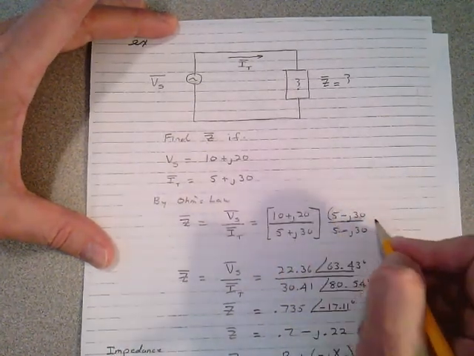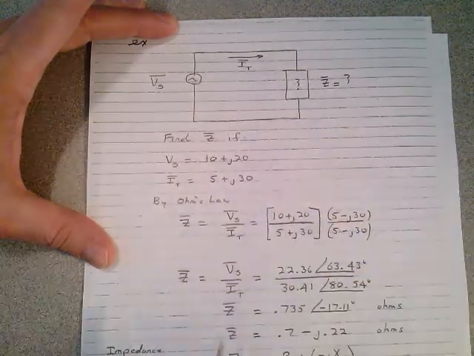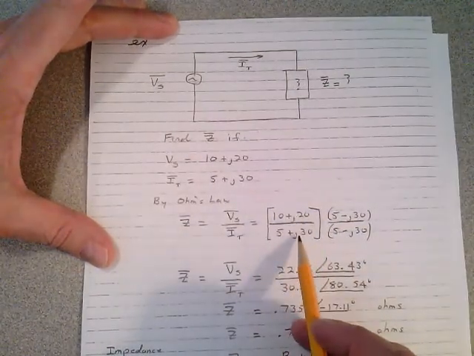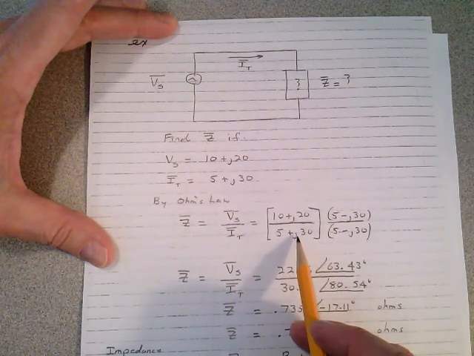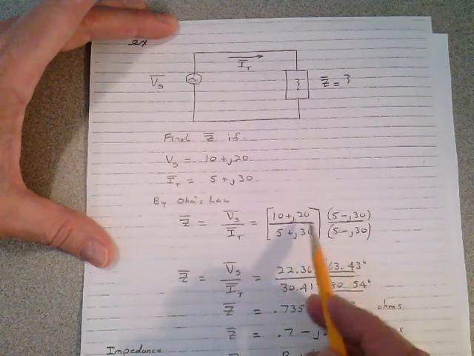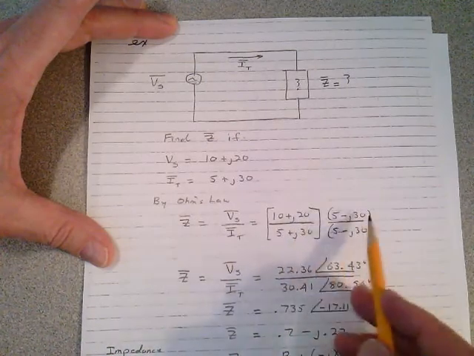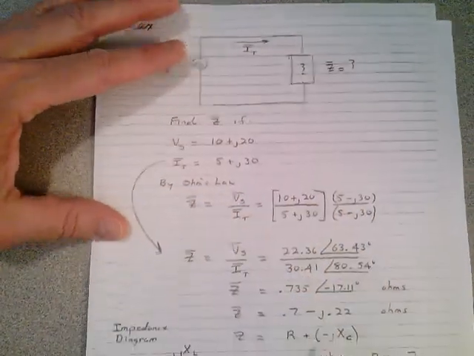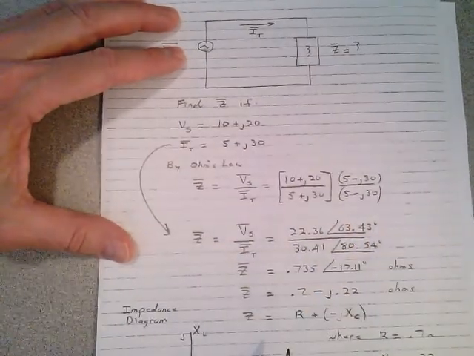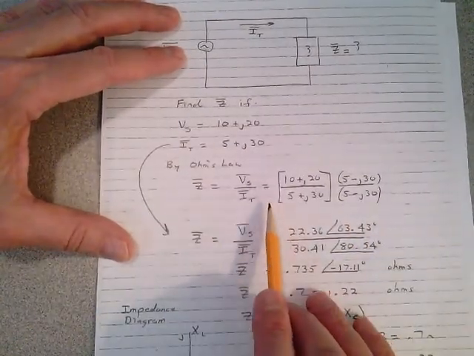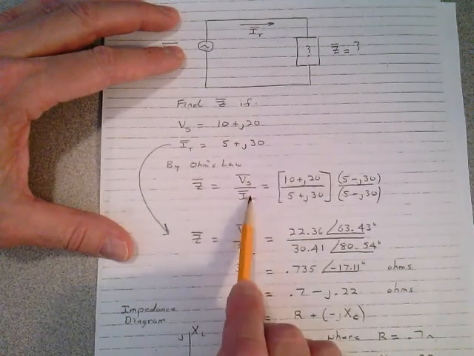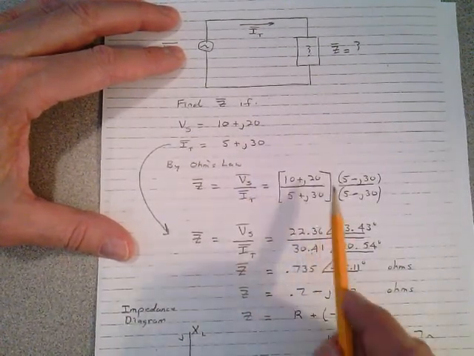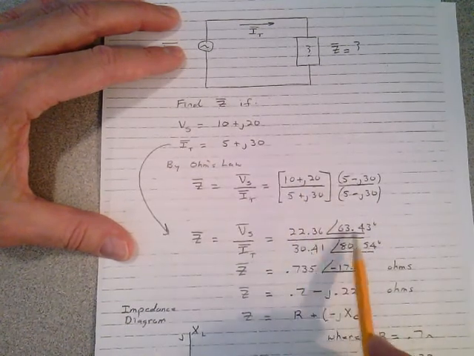When you do that, you'll be able to get rid of the imaginary number in the denominator, and you can complete the problem. But you still have to get the polar notation sooner or later. What I recommend is going straight from here to here. I don't recommend rationalizing. Remember, if you're going to multiply or divide, in this case, impedance is voltage over current, I want to go ahead and divide. So I convert the 10 plus J20 into its polar form.